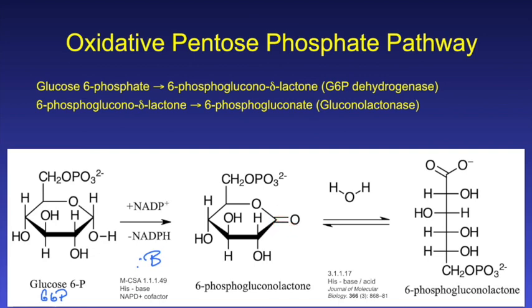And so the base is going to be able to take one of them. One is more acidic, and that would be the one that is bound to the oxygen. The reason is, if I take the proton off, the oxygen becomes negative for just a second. If I took the other one off, what becomes negative? The carbon.